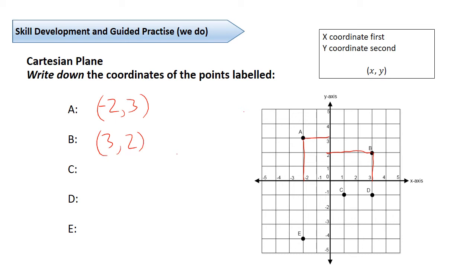For C, we've got 1 and negative 1. For D, we've got 3 and negative 1. And lastly E, negative 2 and negative 4.